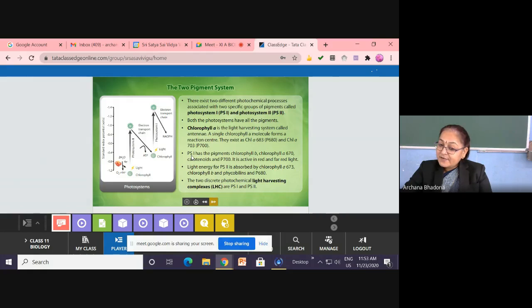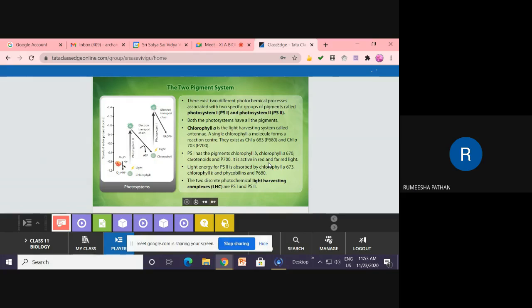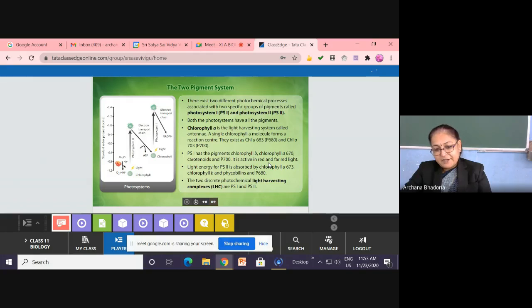Put the subheading pigment system 1, then write that it has chlorophyll B, chlorophyll A, carotenoids, and the reaction center is P700. It is active in red and far red light.